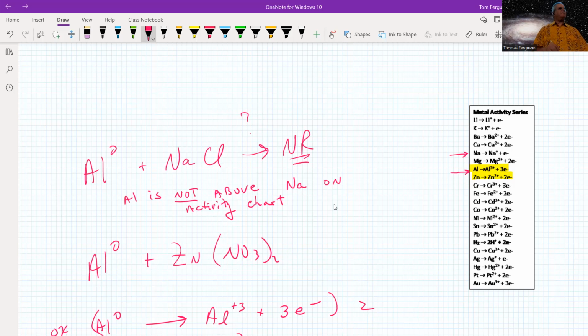Okay, what if we have an aluminum boat at sea, and instead of salt water, we had a sea of zinc nitrate water? What would happen to our nice aluminum boat? Well, we just found aluminum, and where's zinc? Zinc's right there.